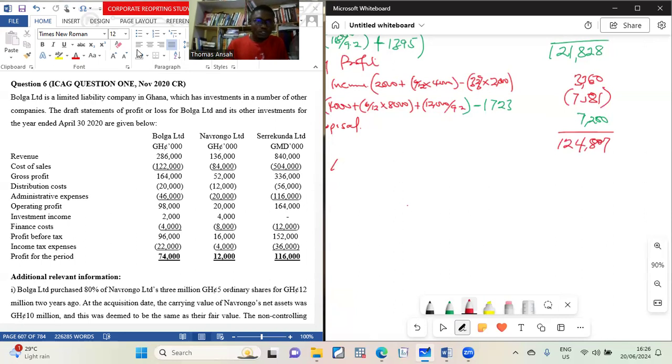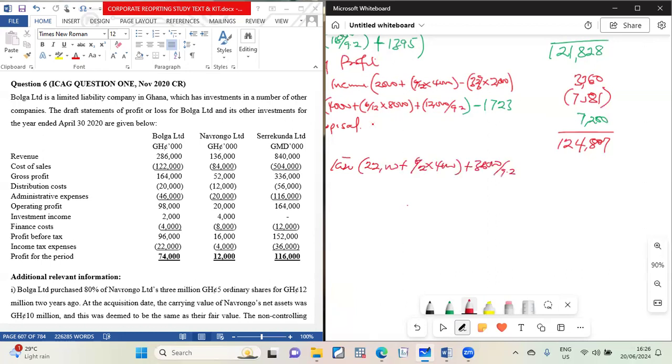So tax too is the same thing. Okay, so let's pick the figures and slot them. Oh, this thing is slowing me down. 22,000 plus half of 6/12 of 4,000, then plus 36,000 divided by 9.2. All right, so how much do I have? I have to wait. Okay, good news. It all has dropped. So let's punch this thing in.